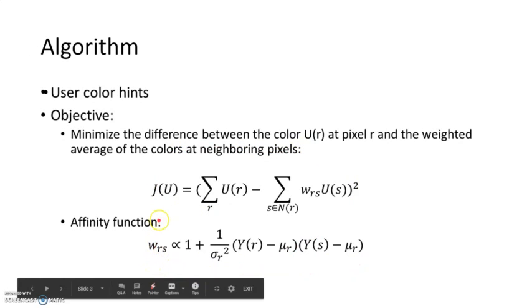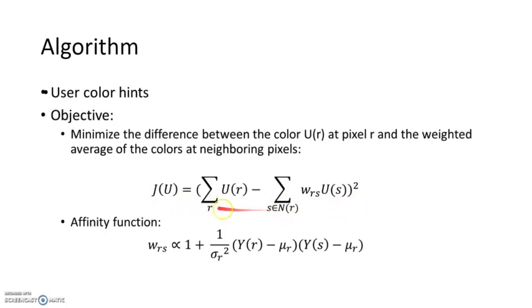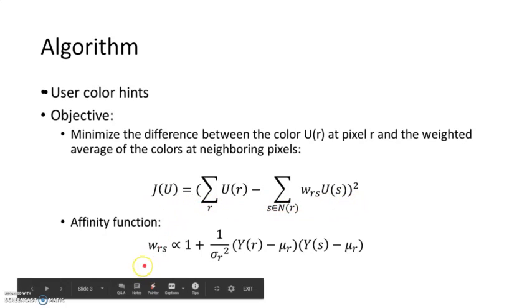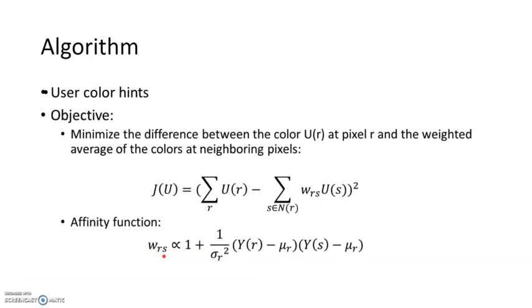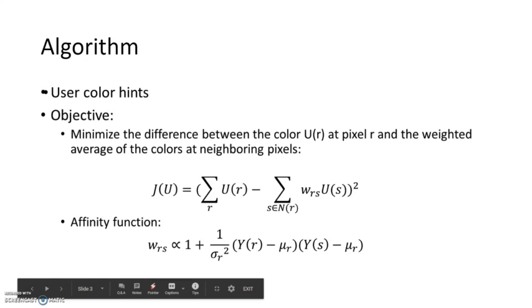We can see from the equation that this objective function is quadratic in nature, and the relationship among the pixels and the neighboring pixels is linear here. There are no non-linear terms, so we can solve it by simply putting them in matrix form.